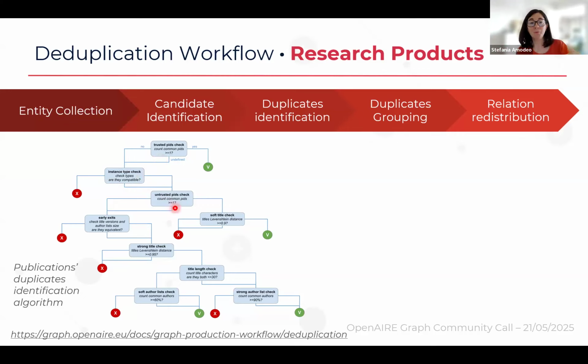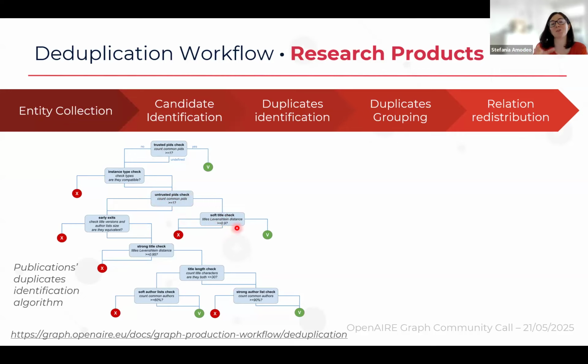And then we move on to the subsequent step by checking alternative identifiers, not the trusted one, but other types of persistent identifiers. And if these are recognized as common, then we proceed with a check on the title, using the Levenshtein distance.